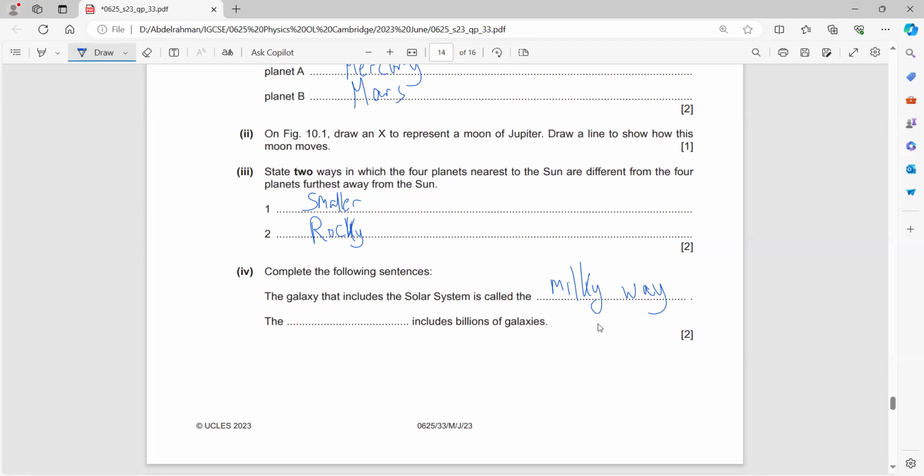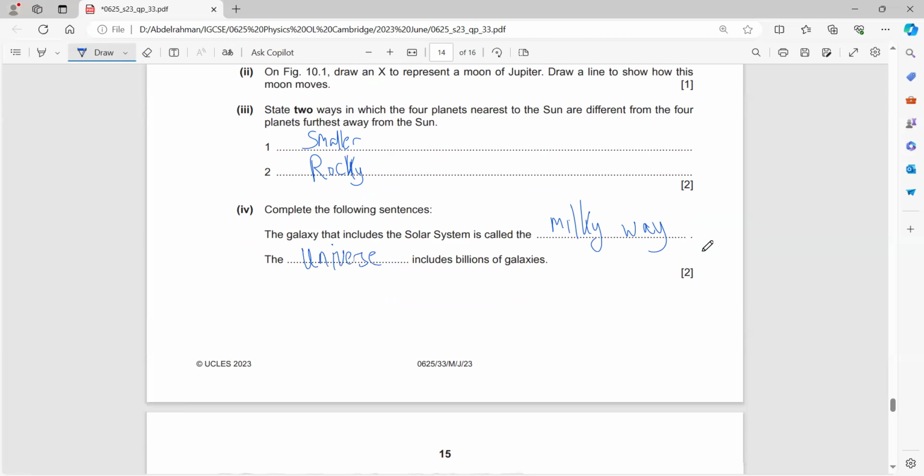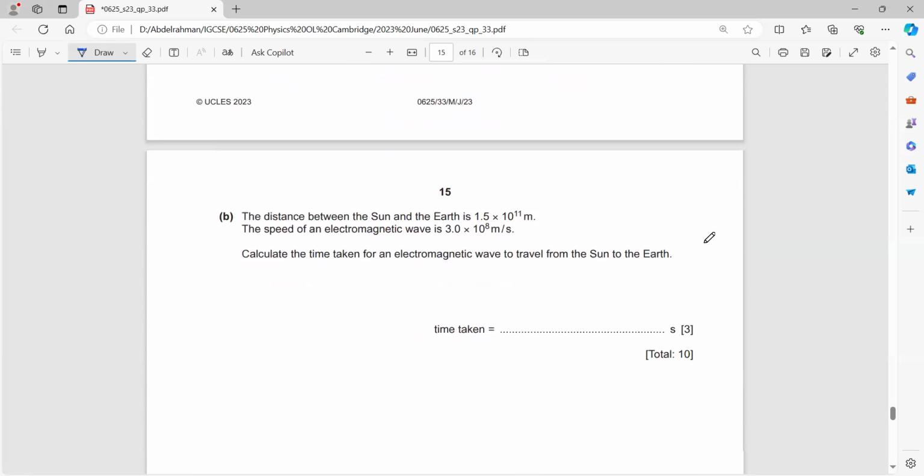Billions of galaxies, not stars. The universe. The universe includes billions of galaxies. Okay.